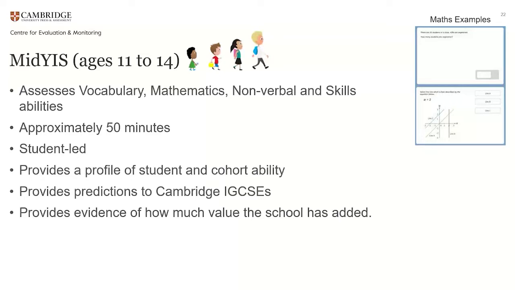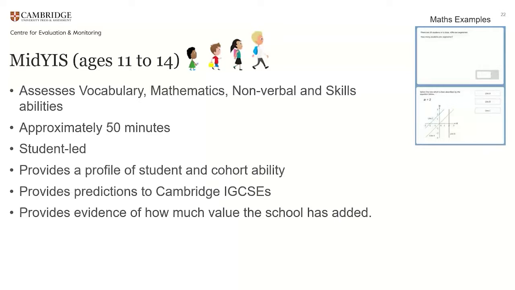It might be that one contributing factor is the ability to work under time pressure, the ability to check work quickly in English for mistakes. So you get that insight with midyis.